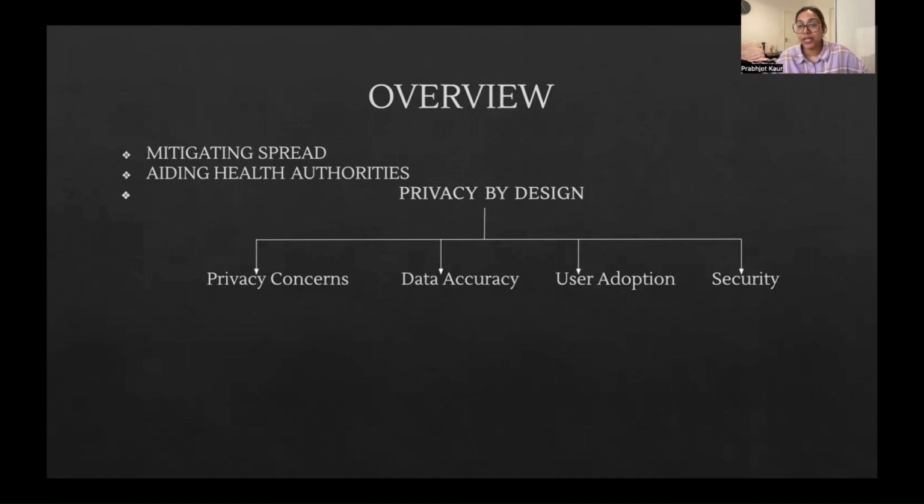Also, we made sure that data is accurate and complete at all times, and thus integrity is maintained. The application can be used by a wide range of users irrespective of their geographical locations and backgrounds. We also made sure that the application was secure from bad attackers or bad users.